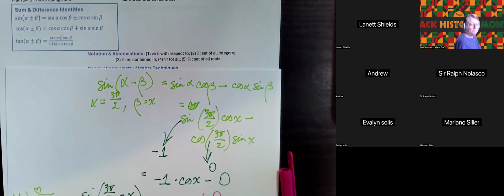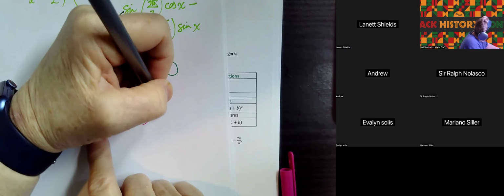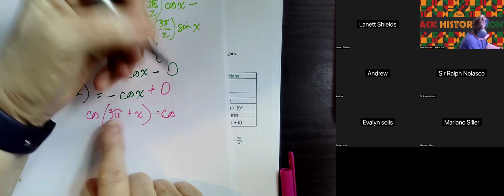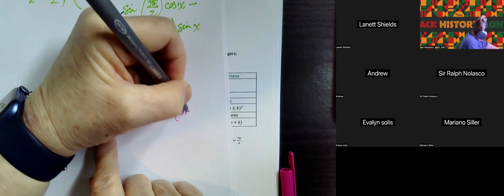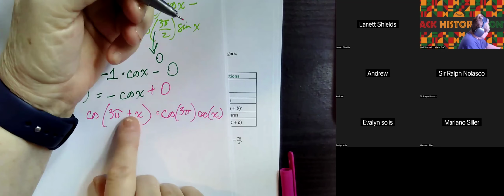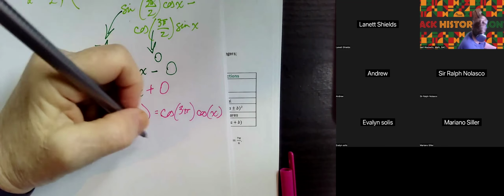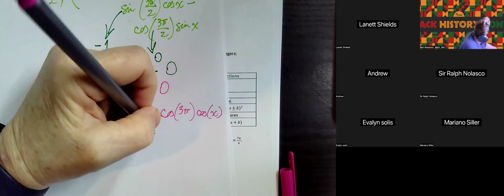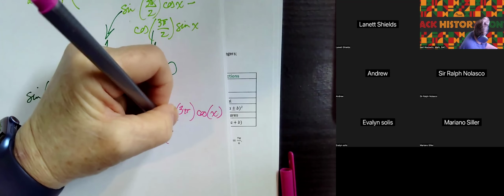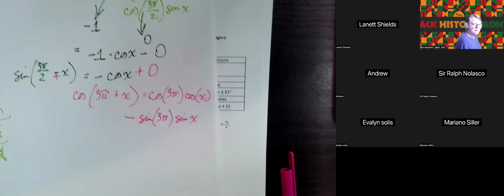So it's cosine alpha, cosine beta with the opposite sign, sine times sine. Yeah, that's right. So we've got cosine 3 pi cosine x. This sign in the middle is opposite for cosine. So minus sine of 3 pi sine x. Is that right?